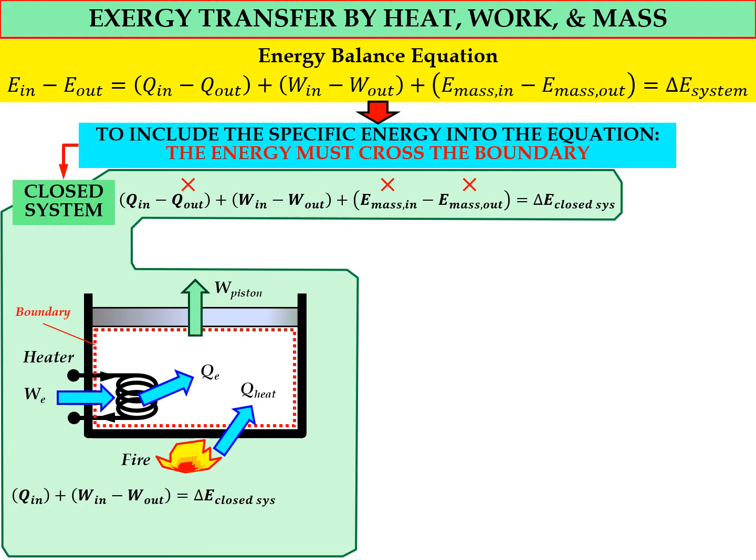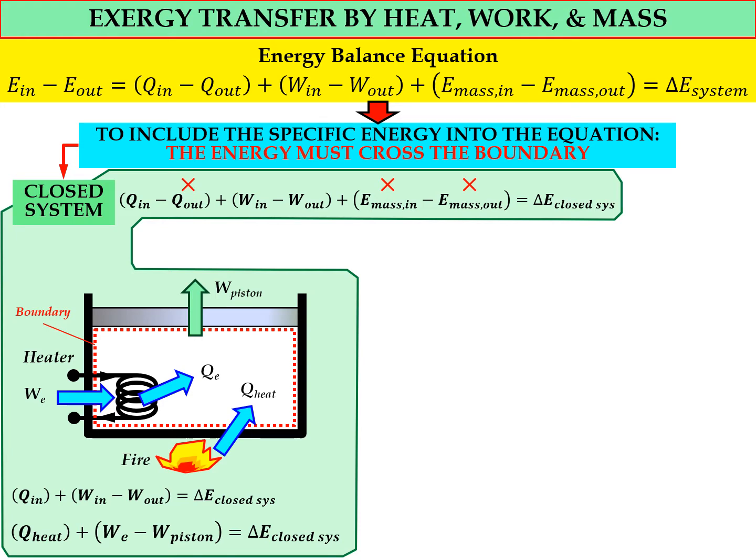By simplifying this equation, we get Q in plus, in the bracket, work in minus work out, equal to the changes of the energy of a closed system. From this, we replace the equation with the suitable terms where Q in is the heat applied to the system, Q heat, plus W in is the work from the electric heater, minus work done to the environment by the piston. So this is the energy balance of the closed system.